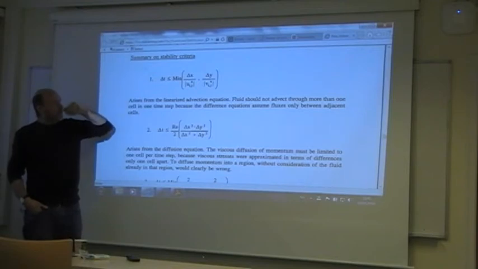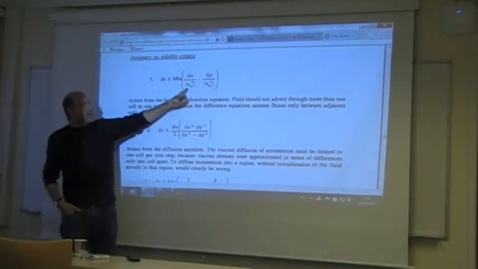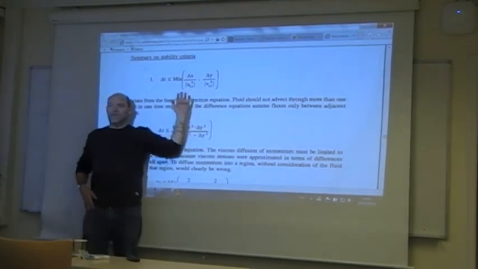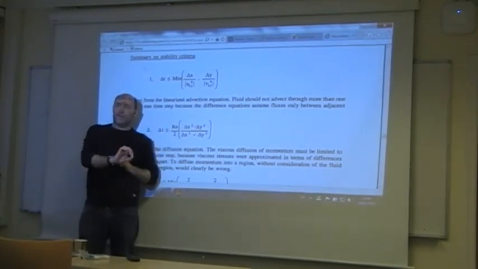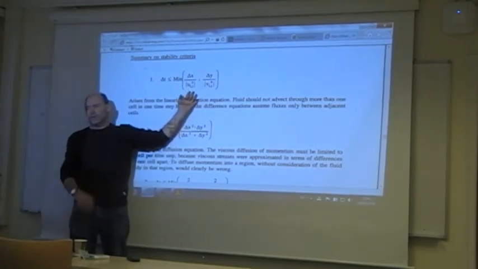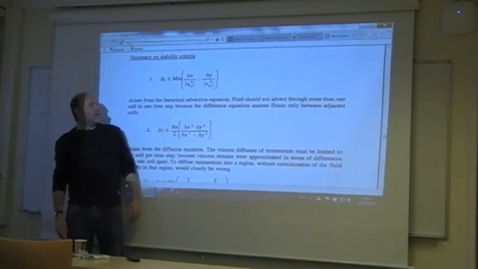And here, the delta x and the velocity then has to be the local velocity. This means you should investigate these CFL conditions for every cell, for every time step. Because, I mean, this can change. You can't evaluate this one once and for all. So this one can be a little bit tricky.